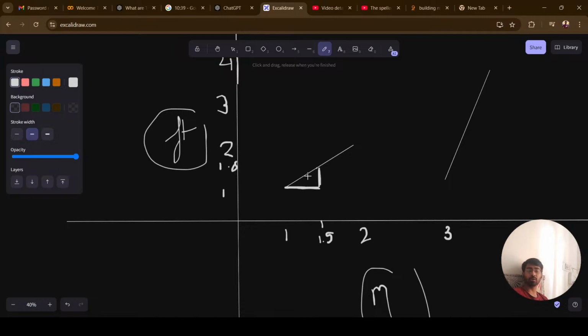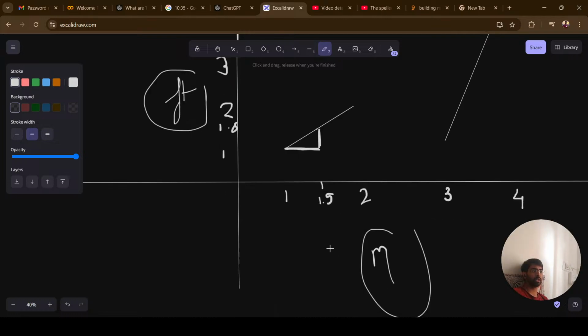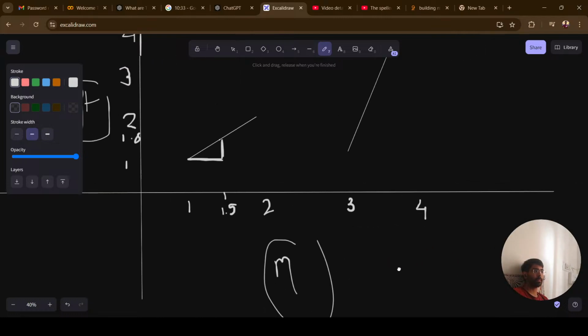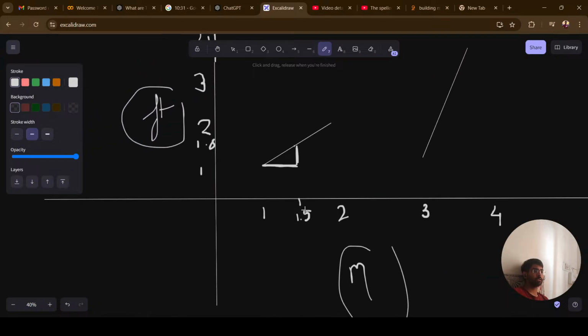You still don't know the steepness, which you have to find, the steeper curve, right? So I need to find this. Let's just suppose that it is 1.5 only. You increased by 1.5.